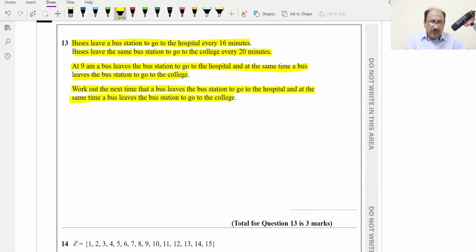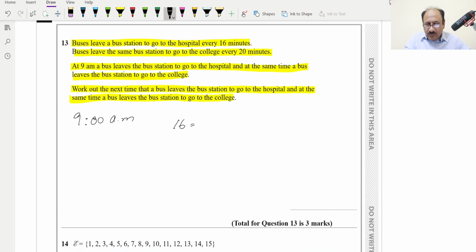So we have to check the gap. Basically, first of all, we know that at 9 a.m. one bus is leaving to the hospital, and it is leaving after each 16 minutes.